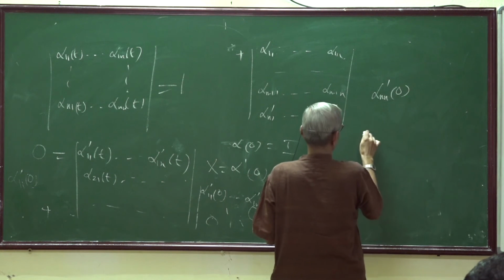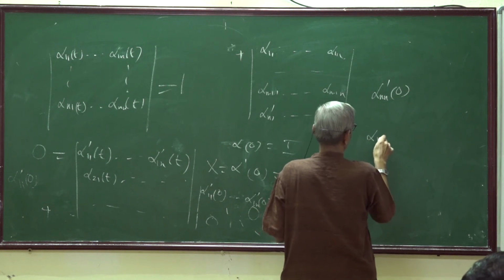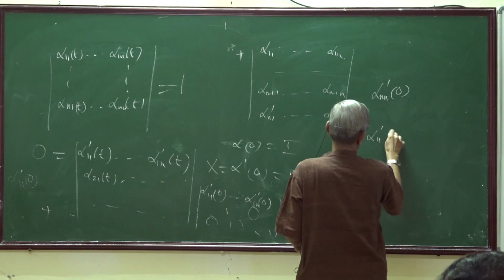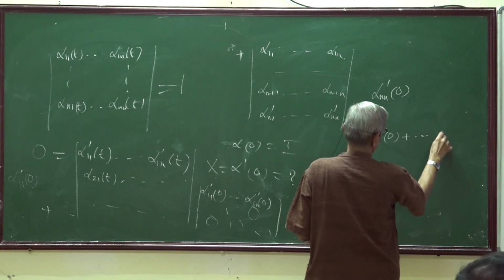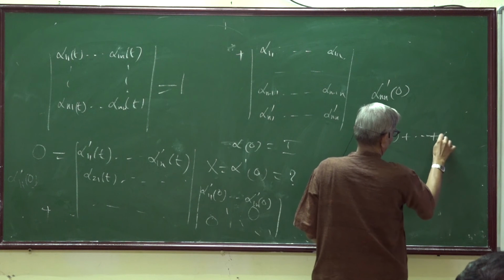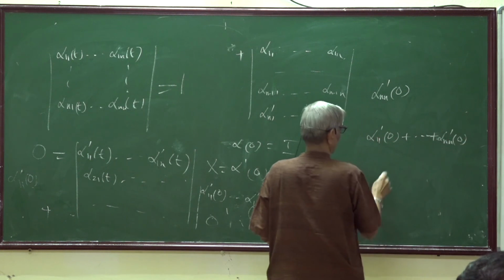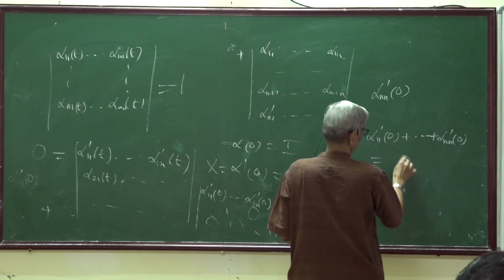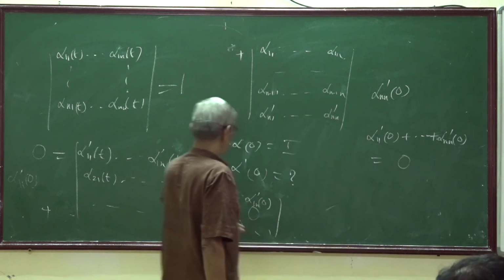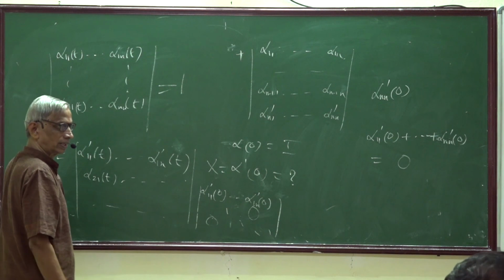So what do you get therefore? Alpha 1 1 prime 0 plus etcetera plus alpha nn prime 0 is equal to 0. On the other side you have 0.